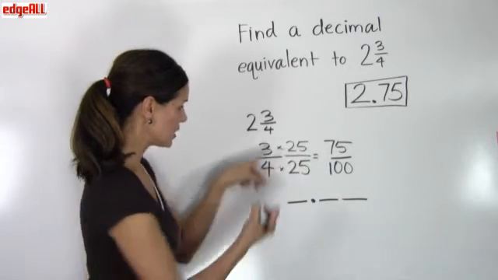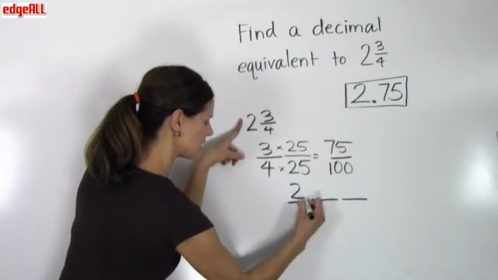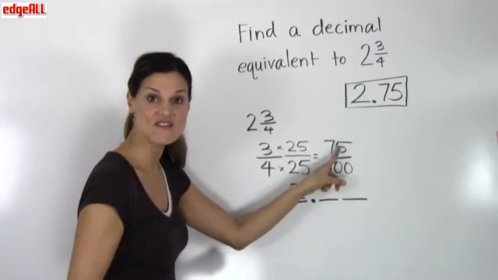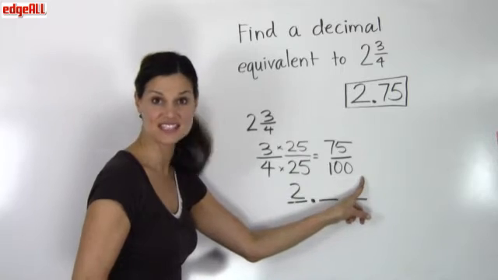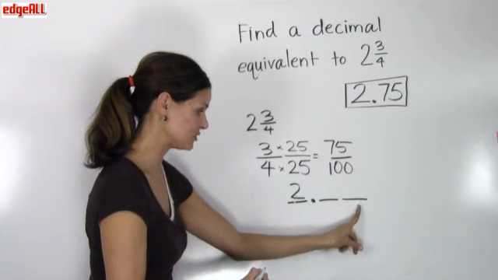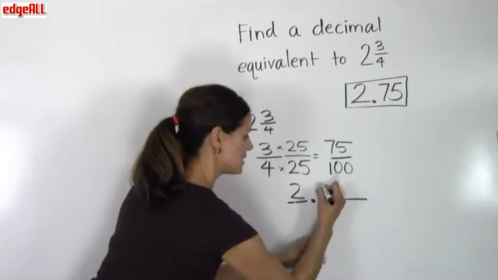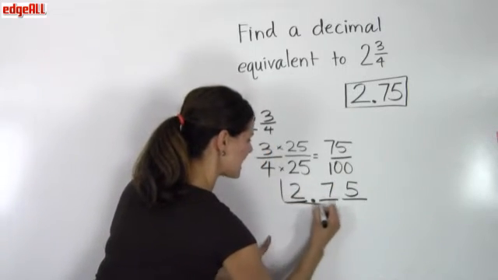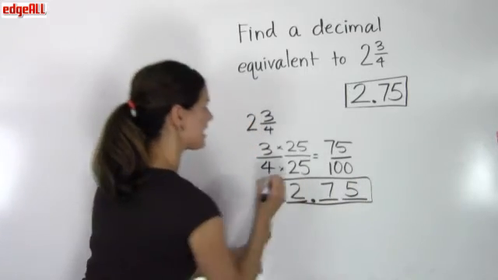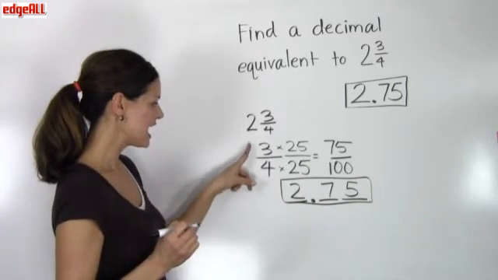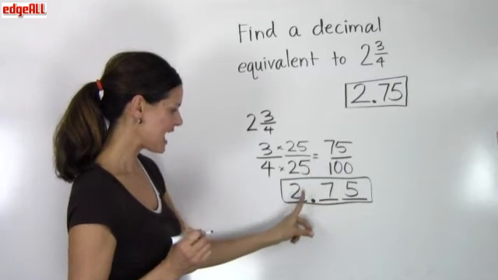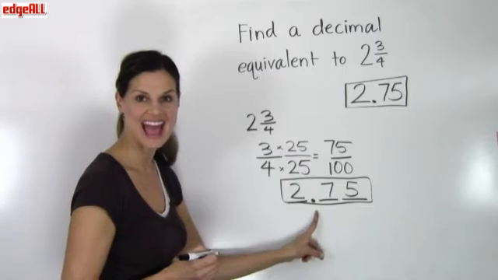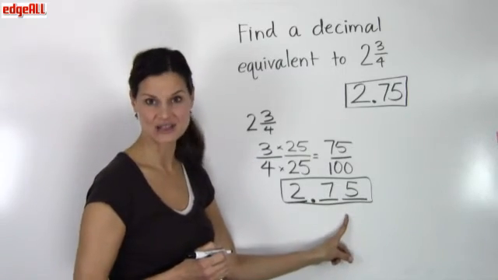My 2 is my whole number that I'm going to put to the left, and then my decimal point, and since this is 75/100ths, I know this is my hundredths place here, my tenths place here, so I'm going to put my 7 here and my 5 here, and I have the same answer as I came up with when I divided 3 by 4. In this conversion method, I have 2.75 or 2 and 75/100ths.